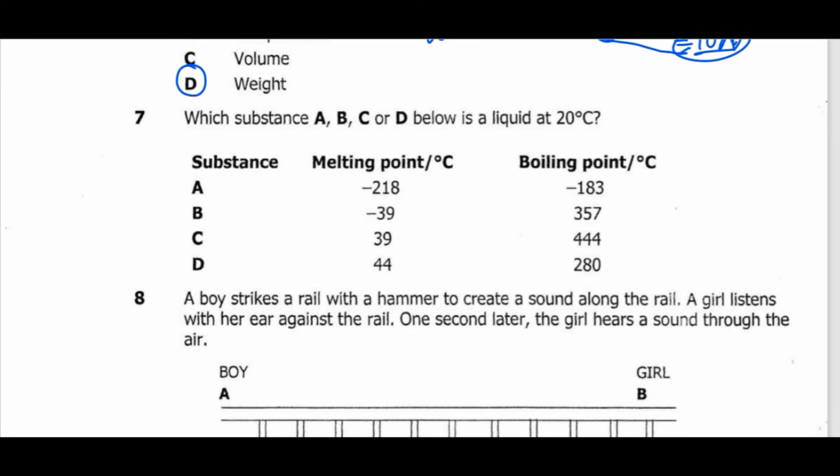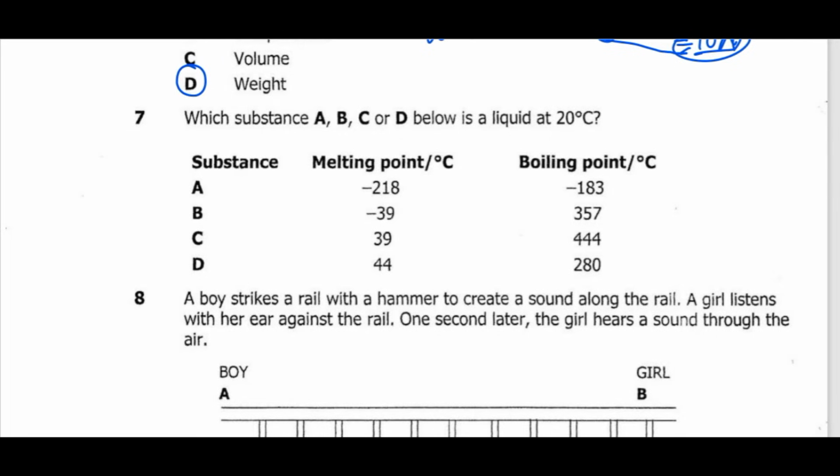Then for question 7, which substance A, B, C or D below is a liquid at positive 200 degrees Celsius? So let's look at these numbers. Is a liquid at this.